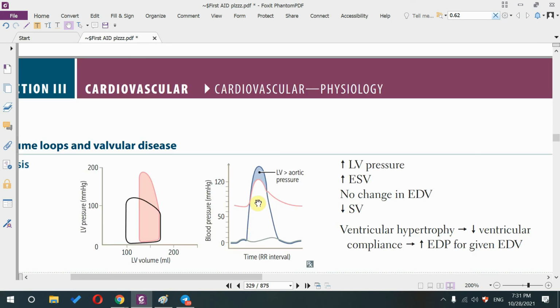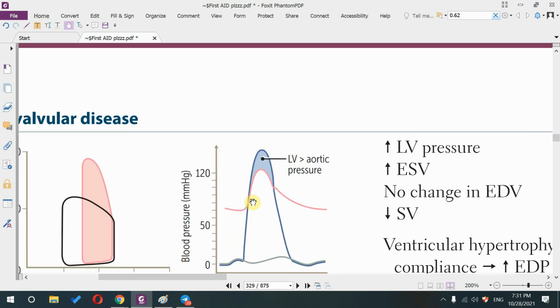So which one of these three graphs represents which? You remember the pink one represented what? It was the aorta. This one with the diastolic being 10 and the systolic being really high, that was the left ventricle. Since it is the left ventricle, you can see it shooting up all the way until here, and then it goes down, up, down.